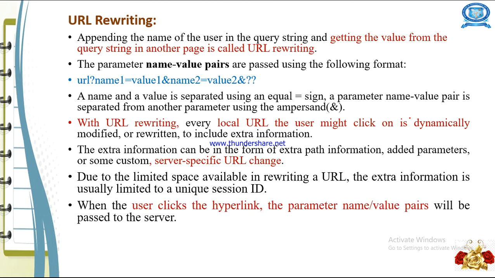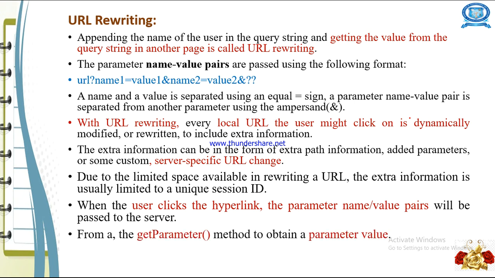So when the user clicks the hyperlink, the parameter name and value pair will be passed to the server, and we use the getParameter method to obtain the parameter value.